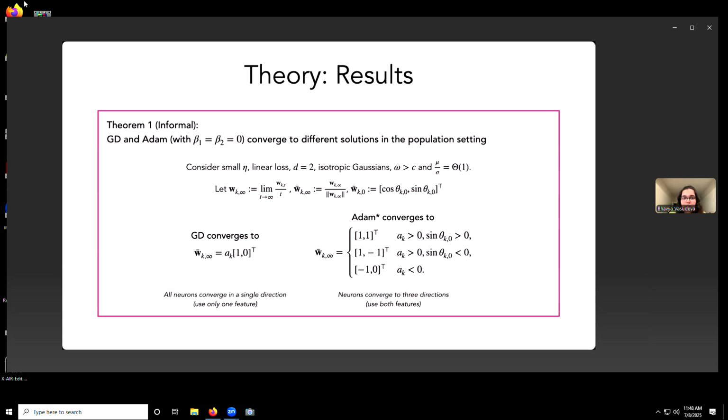And we show that with small learning rate and linear loss and data with isotropic Gaussians in two dimensions, asymptotically, training with gradient descent, the neurons converge to just two directions or just a single direction, depending on the outer layer weight, and only rely on just one feature. Whereas training with Adam, the neurons converge in three different directions and they use both the features.